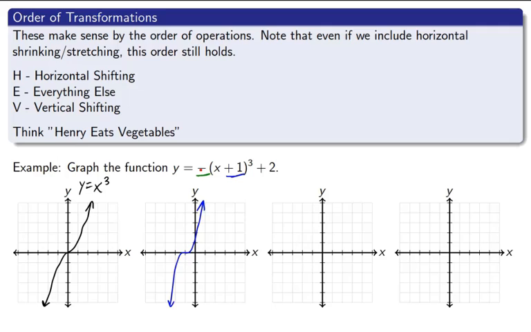The minus on the outside means I flip my y coordinates. I flip across the x-axis. Last is the vertical shifting. The +2 is on the outside of the function, so that's a vertical shift, and we'll do it exactly the way that it looks. +2 means move up 2. This is our final answer.